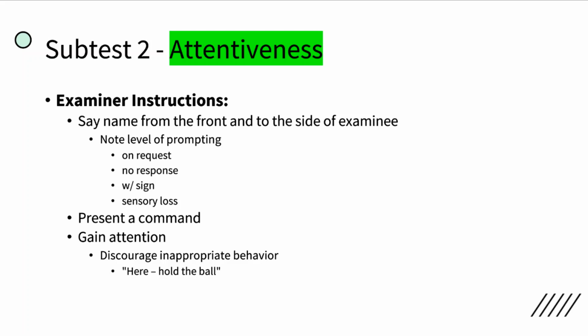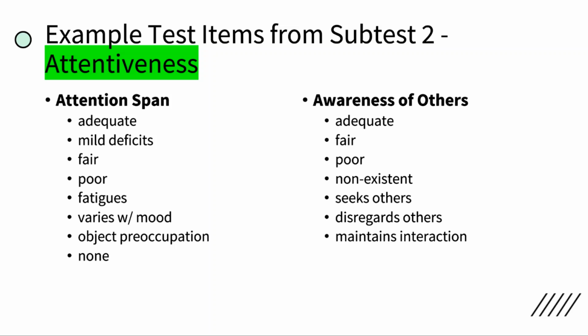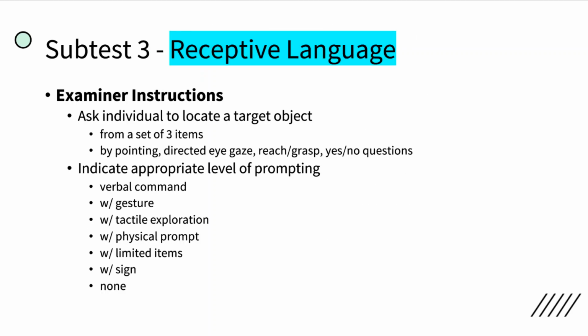In some individuals, it may be advised to express information to inform the examinee how to respond, such as, "Here, hold the ball," as a means of discouraging hand-mouthing or other self-stimulatory behavior. Additional test items from Subtest 2 are attention span and awareness of others.